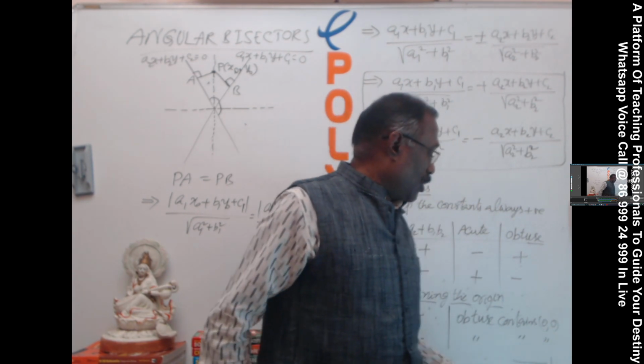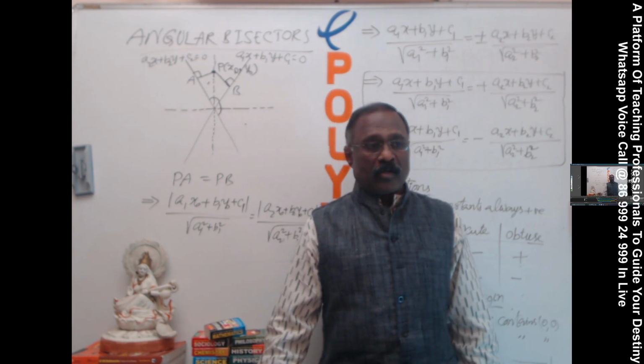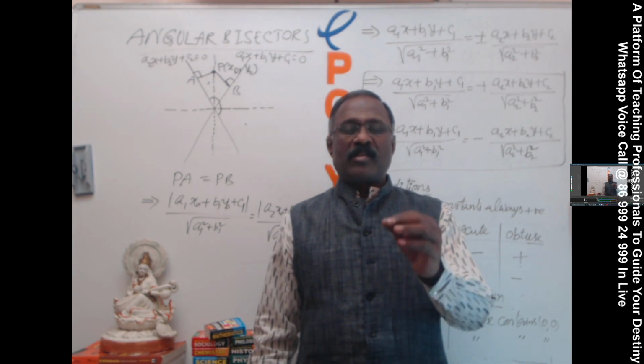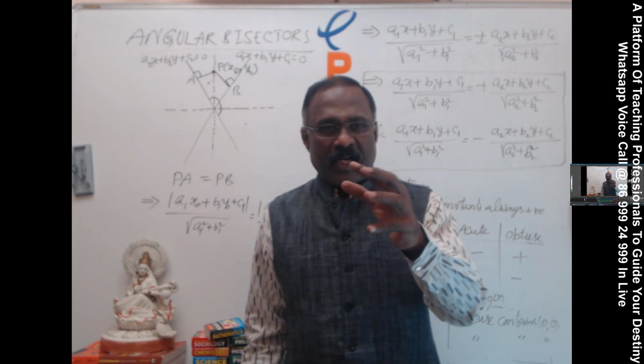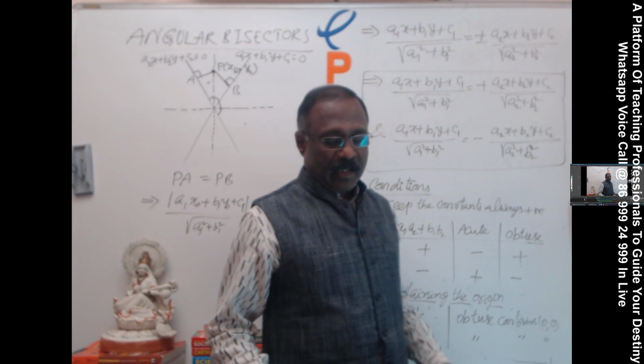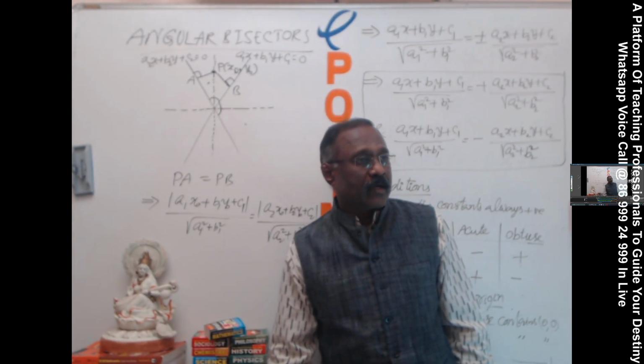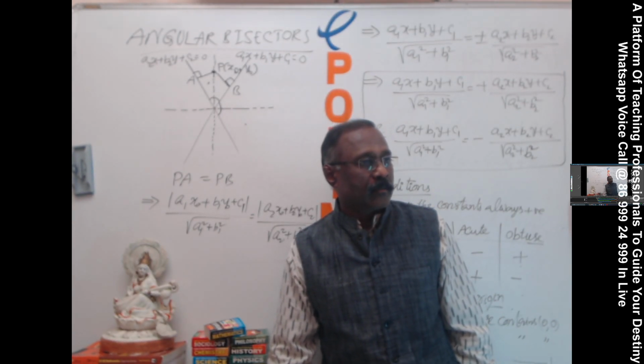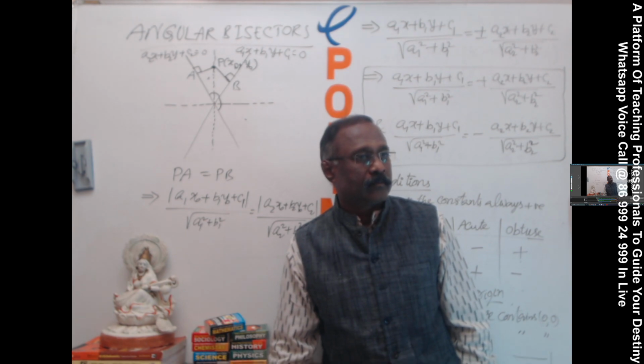So this is what you have to understand. Let me close it by taking a suitable question so that you will understand it better, because I have already explained the concept here. So let me go through the question now.